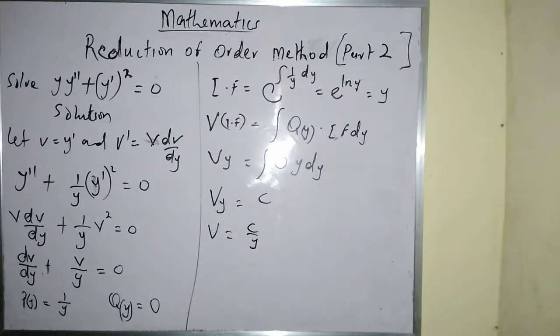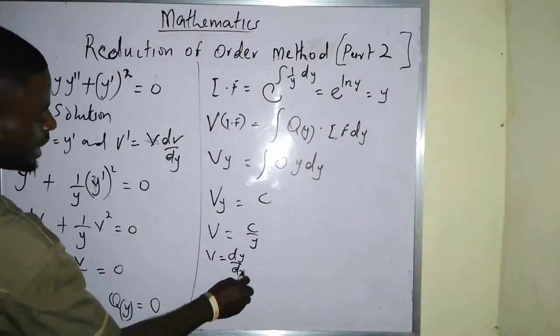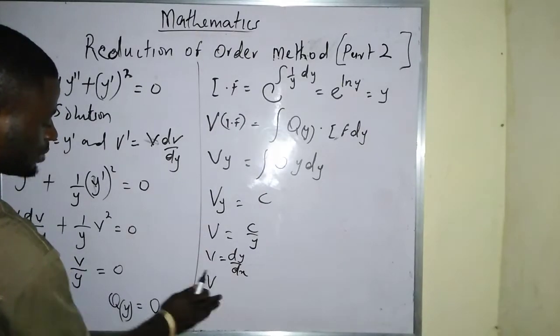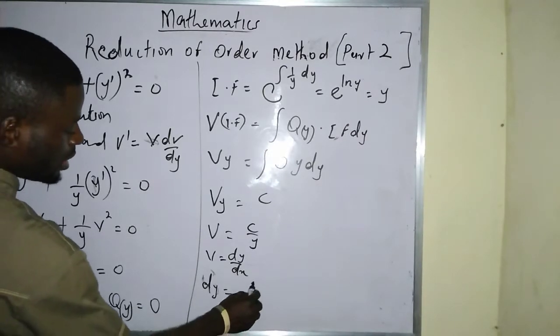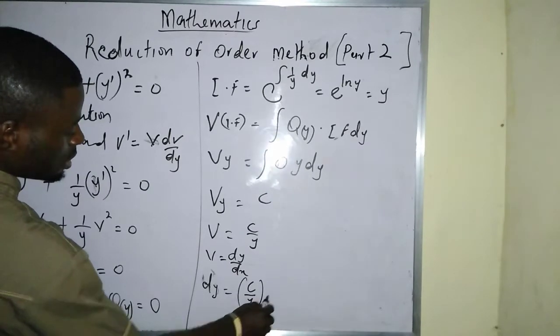What is my v? My v is already given to us as dy over dx. I can now proceed: my v equals dy over dx. Now I can answer that my dy equals c of y bracket.